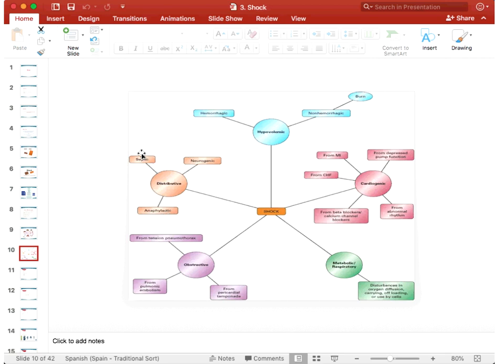Now the septic shock develops first with a site of infection that somebody overlooked, or that was unknown.